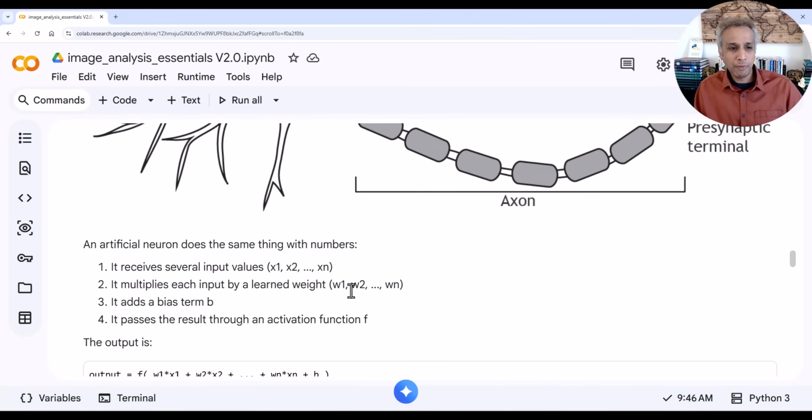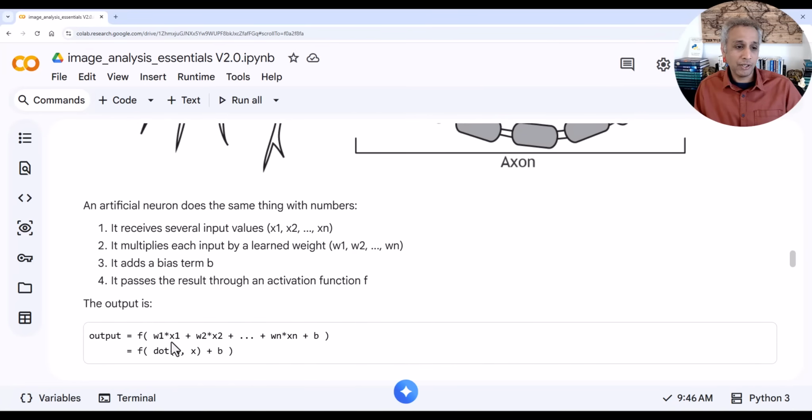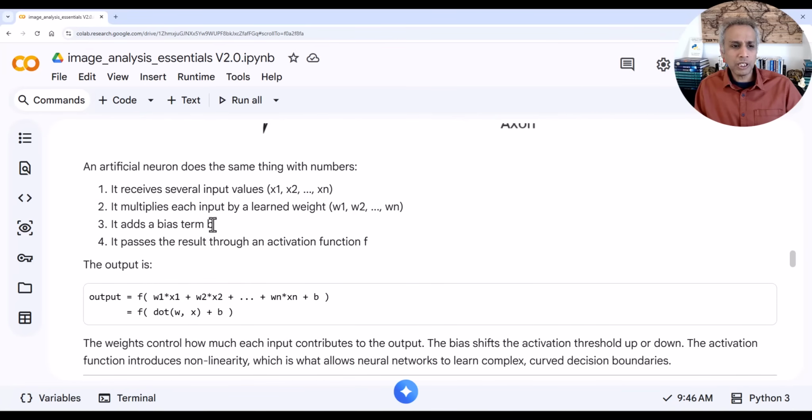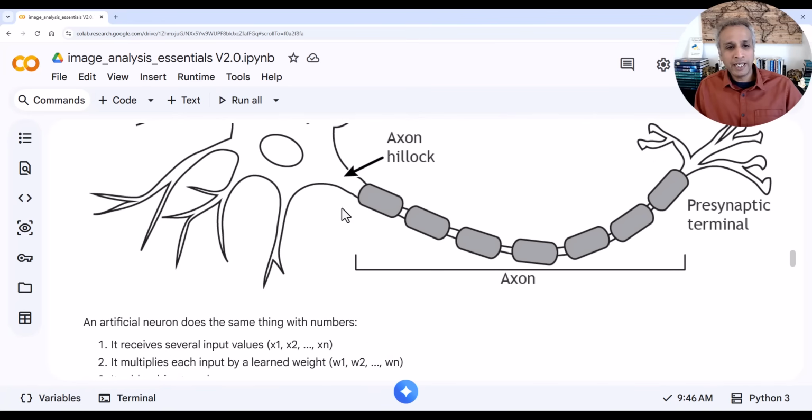That's what we mean by weights right here. So you multiply x1 with its corresponding weight, w1, and when you multiply these, add all of them, and then add another term called bias. It's right here. That's what you define as the output that's coming out from your axon.